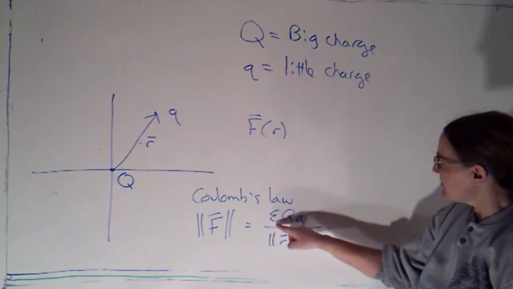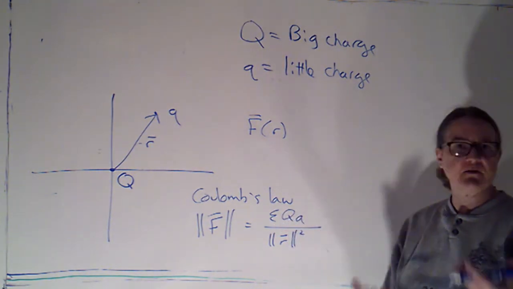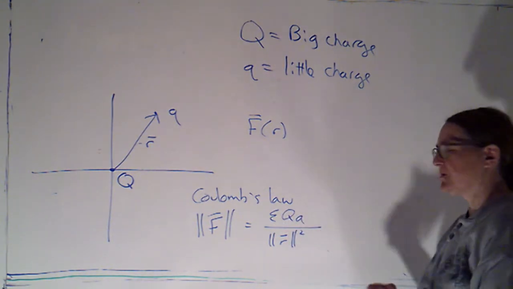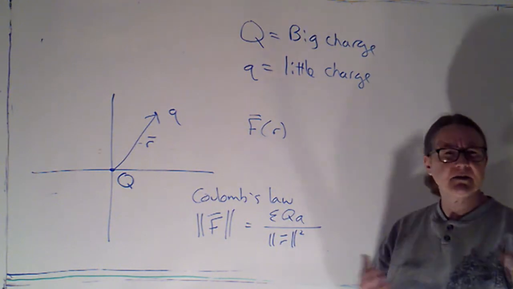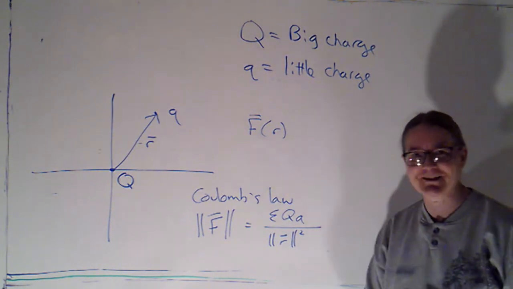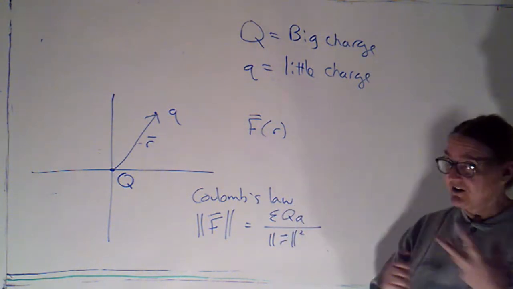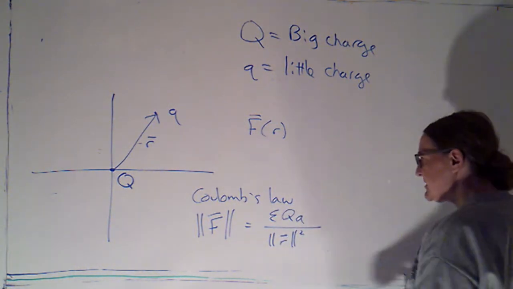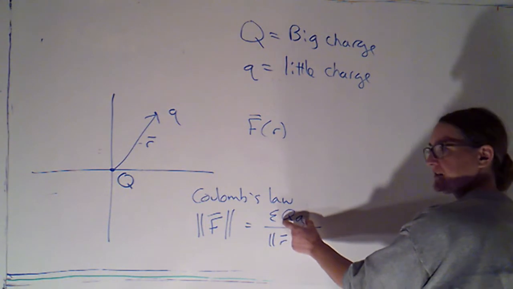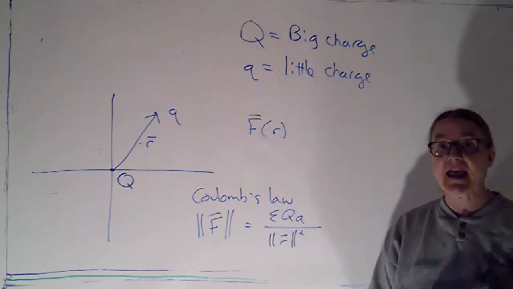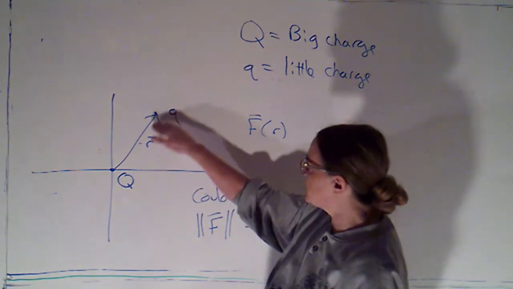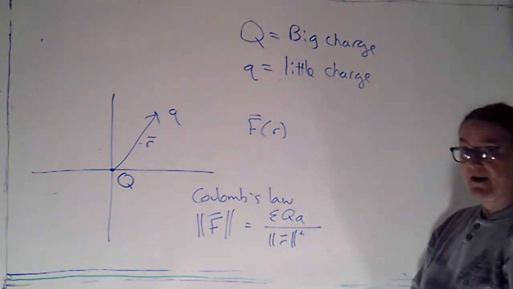Now, those of you in physics, the constant sometimes gets written different ways. Sometimes it gets written in terms of an epsilon naught, sometimes in terms of a k. I'm not sure exactly what notation the physicists are using, so we might be calling the constants by slightly different names, but it's just a constant multiple of the product of the charges divided by the magnitude of the distance between those charges squared.